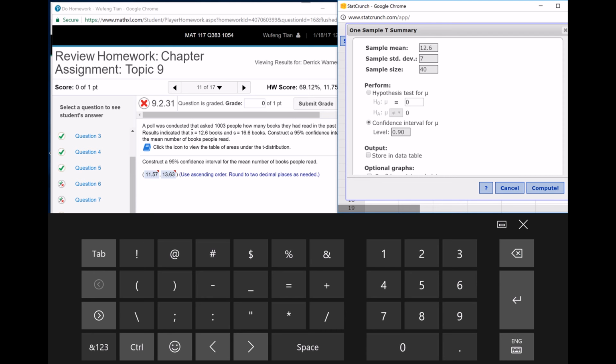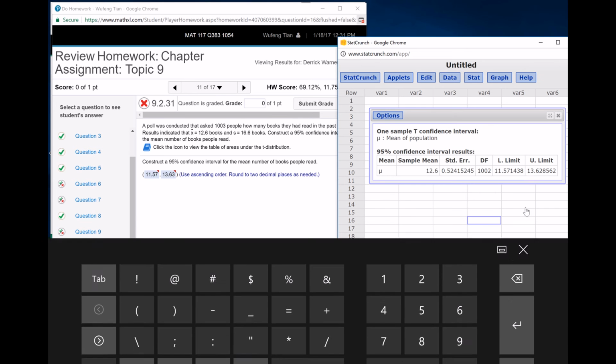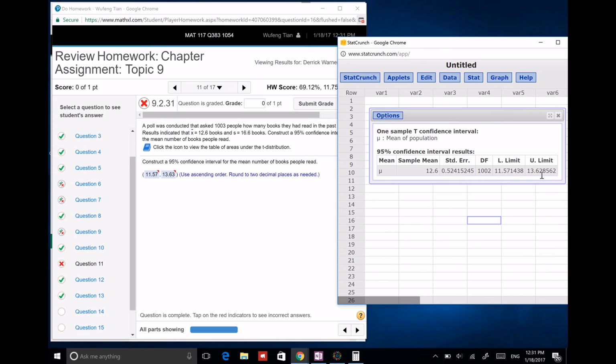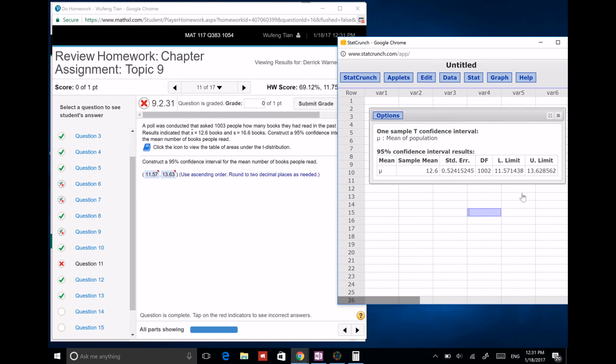Standard deviation is 16.6. Sample size is 1003, and the confidence interval is 95%. And compute. You will get 11.17 and 13.63. Round to 2 decimals, and your answer should be close. So now you can see you can use the software to verify your answer very quickly.